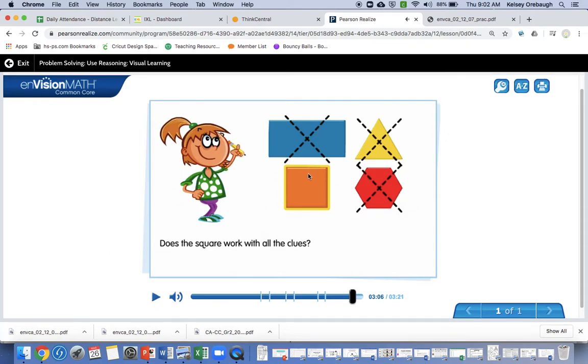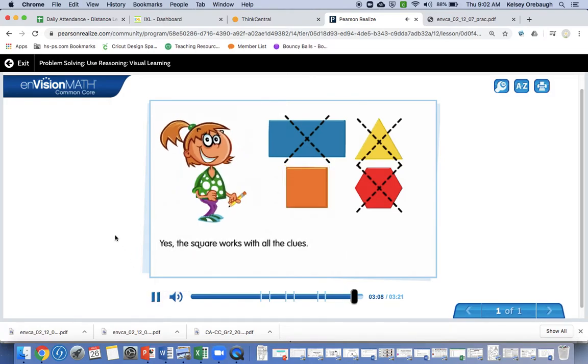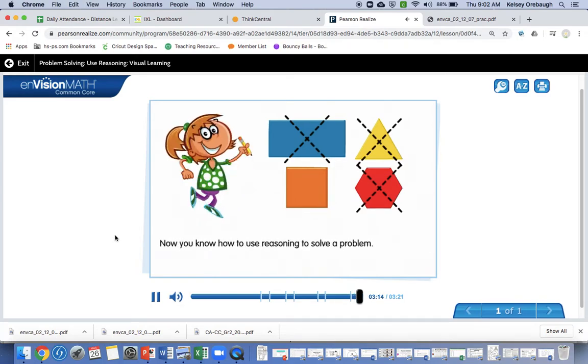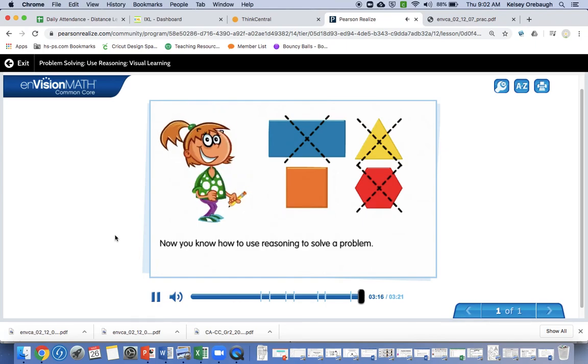Does the square match all 3 clues? Yes, it's always a good idea to go back and reread the clues and double check to make sure that the shape that you've picked matches all the clues. Yes, the square works with all the clues. Now you know how to use reasoning to solve a problem.